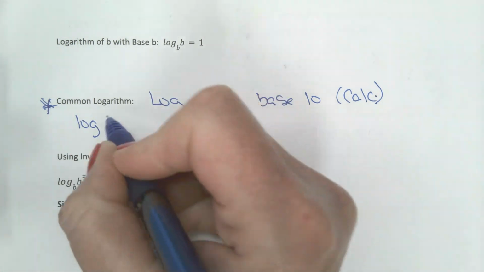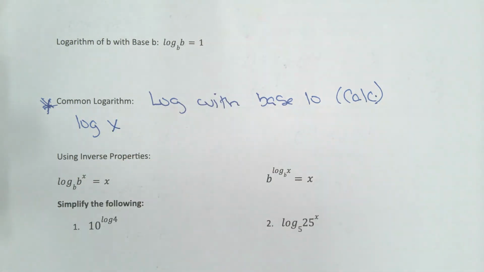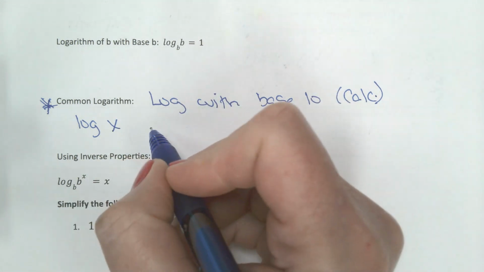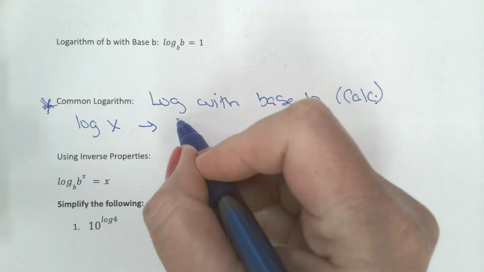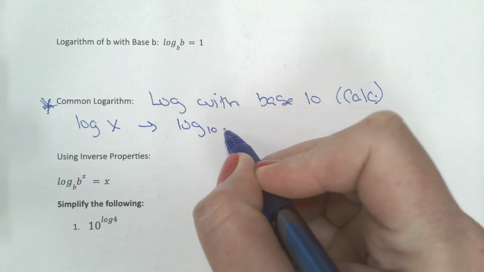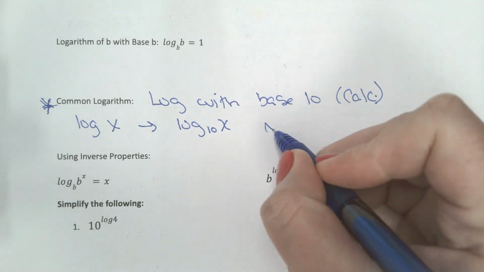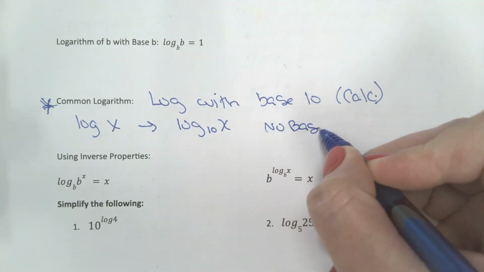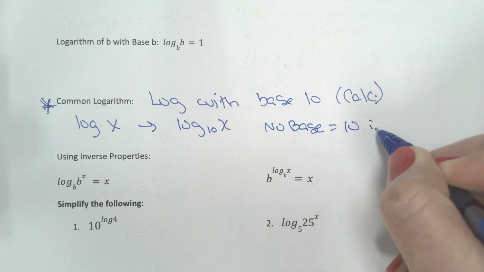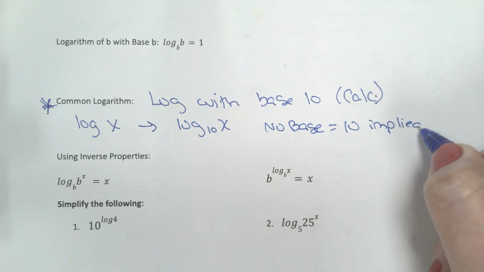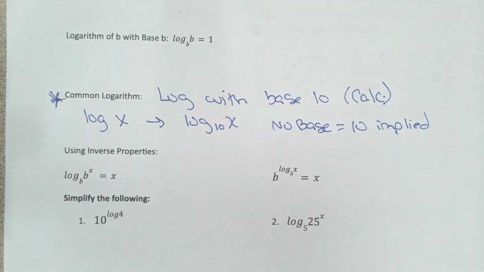So if you see something like log x, you need to know that that's the same thing as log base 10 of x. So when there is no base showing up, you need to know that the 10 is implied to be there, because that's the most common.